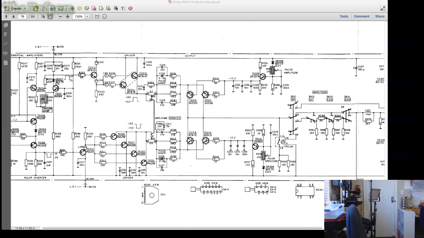VCC is pin 7. And VSS is pin 4. Okay. So I've measured from pin 4. I haven't changed views around yet, have I? Better do that.